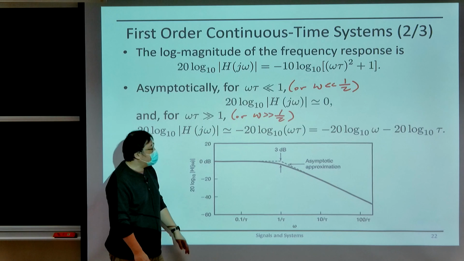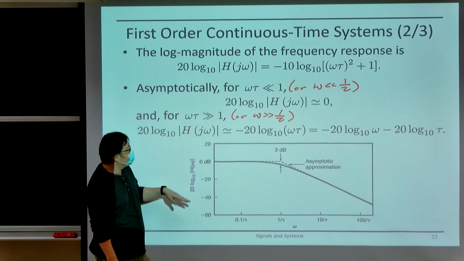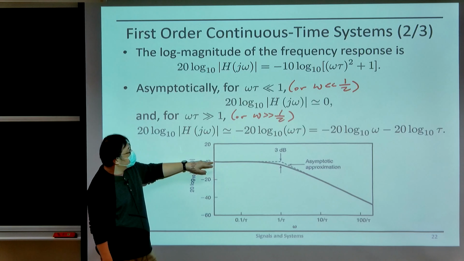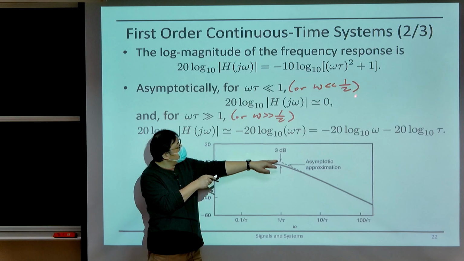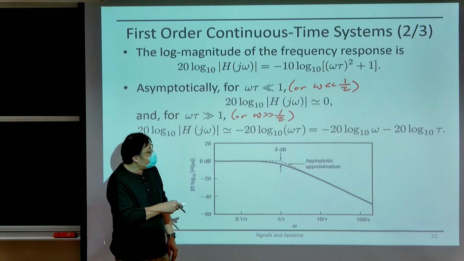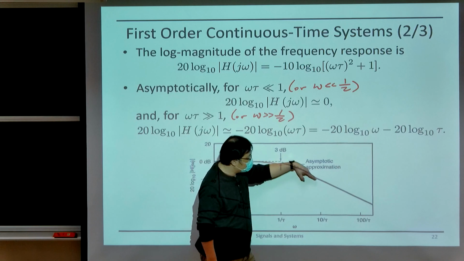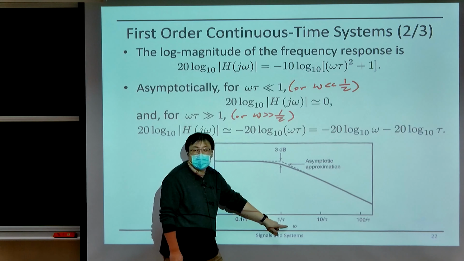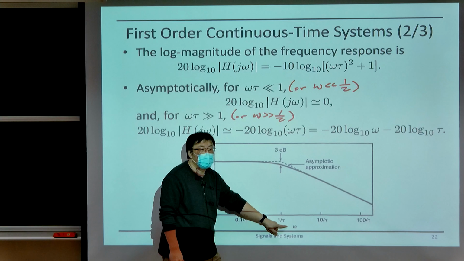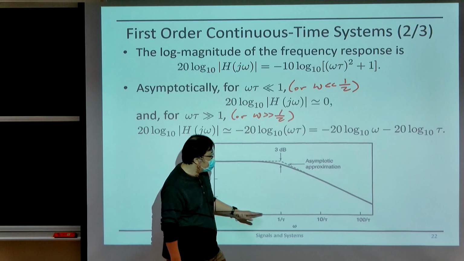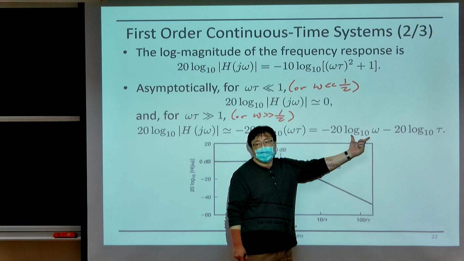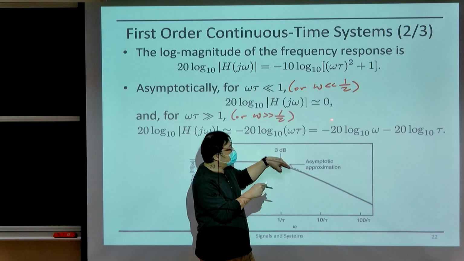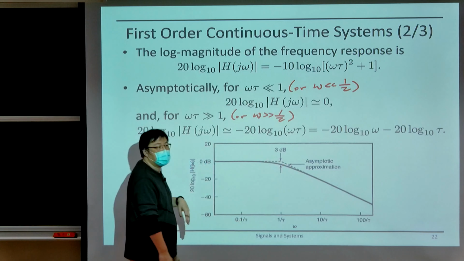So if you plot it on the figure, what this gives us is a line at the low frequency that is equal to a constant 0 dB. And at high frequency, we have a straight line, because this x-axis is plotted in log scale with respect to omega. So in the x-axis we have this log omega, which decays at a slope of minus 20.